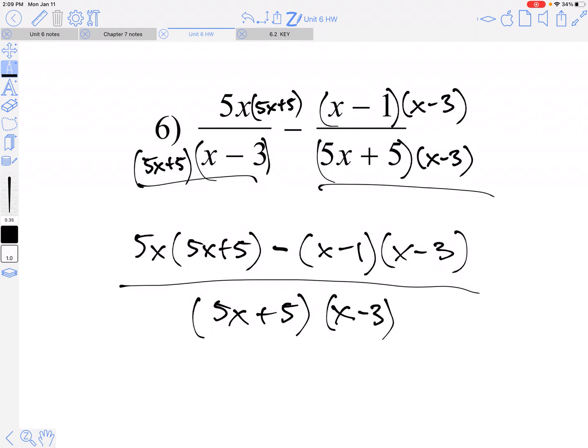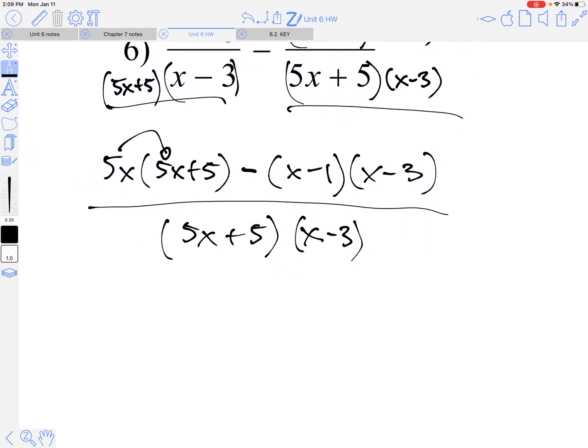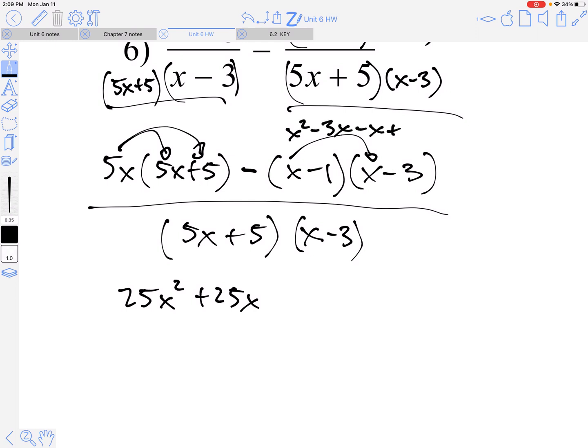Now, on most things, we will simplify as much as we can, but as far as this one goes, there's not going to be too much we can do. So I'm going to distribute this, and I'll get 25x squared plus 25x, and then I'll distribute that and get x squared minus 3x minus x plus 3, which will give me x squared minus 4x, and then a 3.